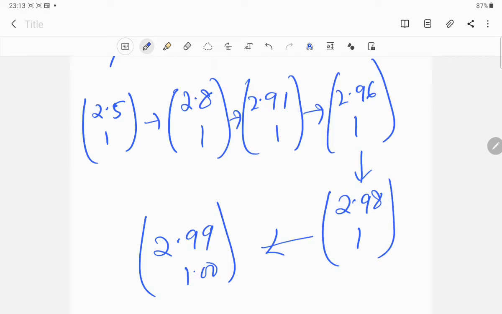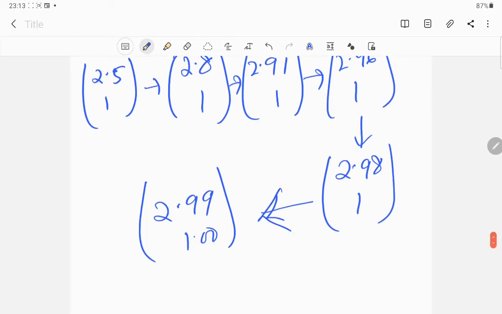So it is pretty much good to stop the iteration. You need not go further because you have almost achieved a constant value. Here the gap is around 0.01, here the gap is around 0.02, here the gap is 0.05.